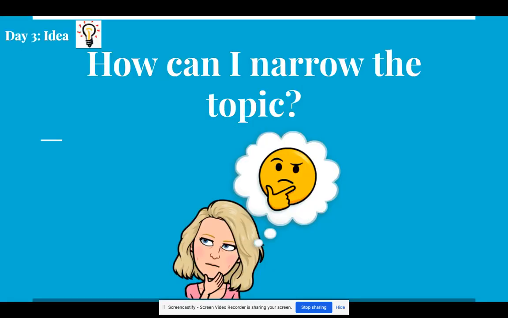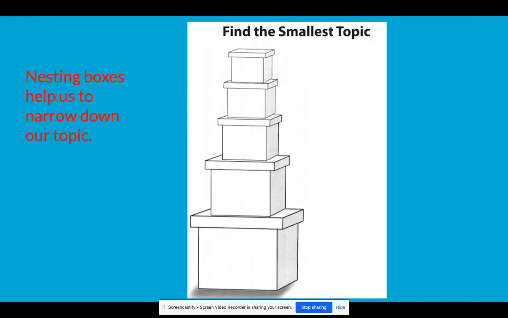So what can we do to narrow down our topic if we feel like it's too broad, like there's too much to talk about? Well, when you need to figure out how can I narrow it down, I want you to think about these nesting boxes. These boxes right here, you notice one is really large, and then they get smaller and smaller and smaller, all the way to this smallest little box.